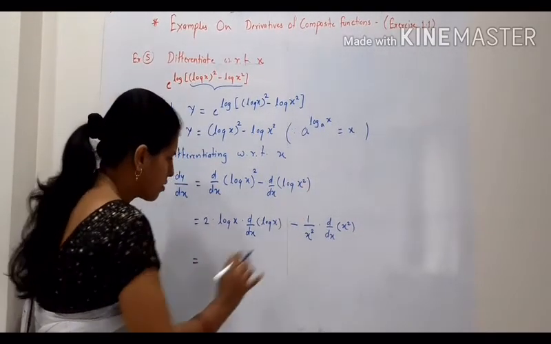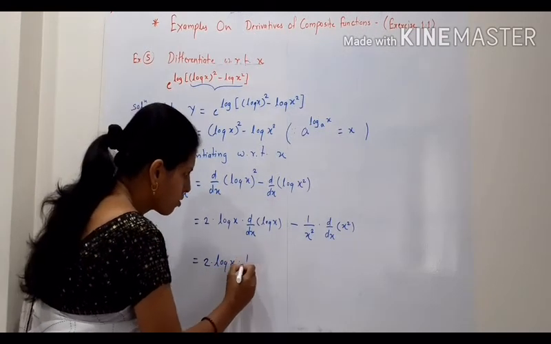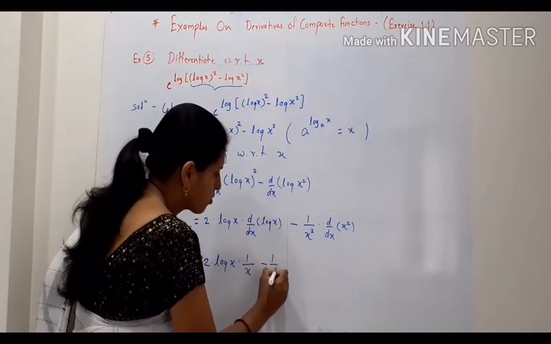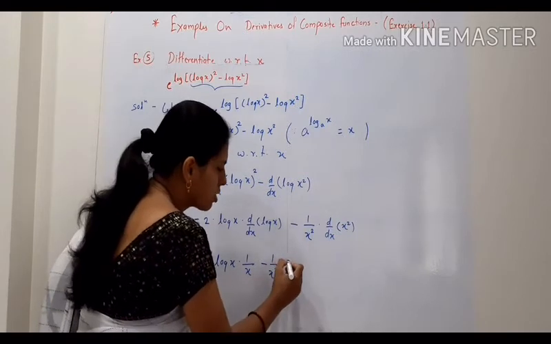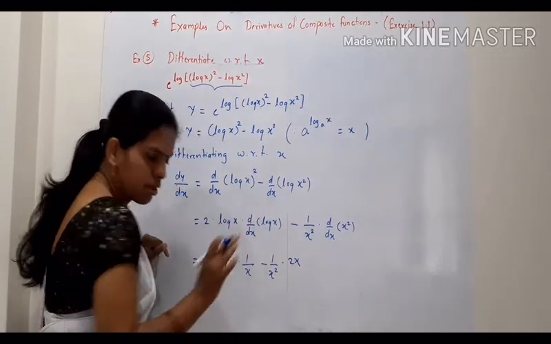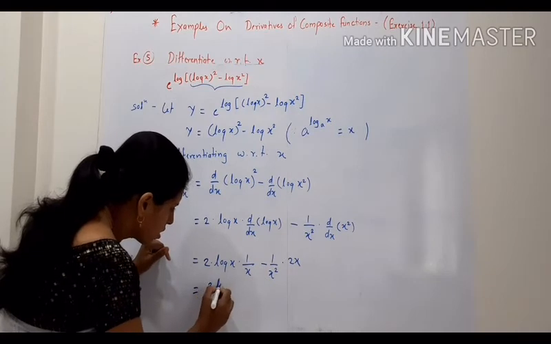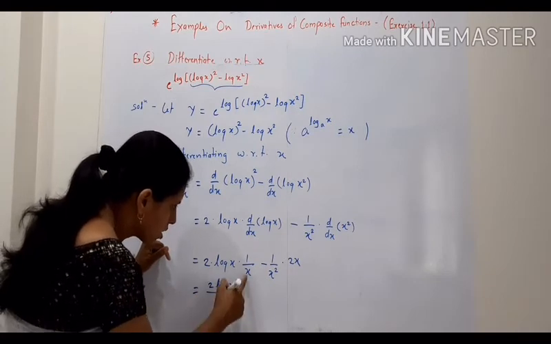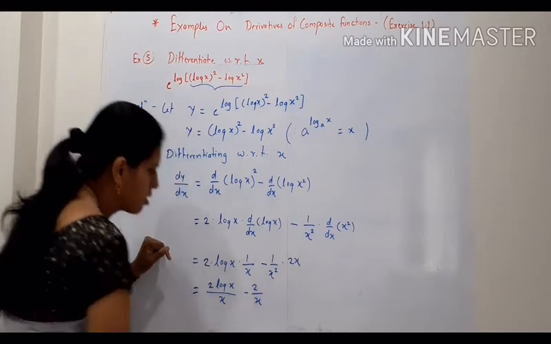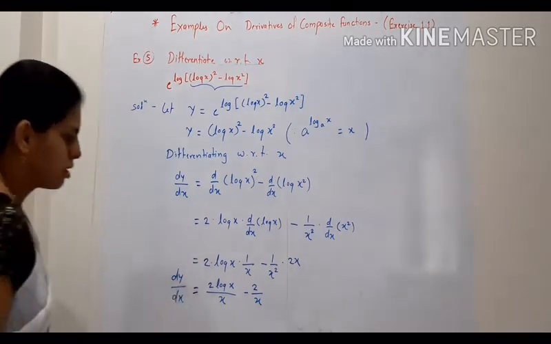These are two simple functions now. 2 log x into the derivative of log x, which is 1 upon x, minus 1 upon x^2 as it is, into the derivative of x^2, which is 2x. The x gets cancelled from here, and then the last answer will be 2 log x upon x minus 2 upon x, that is the dy by dx here.